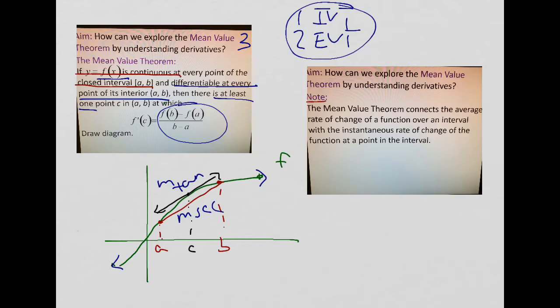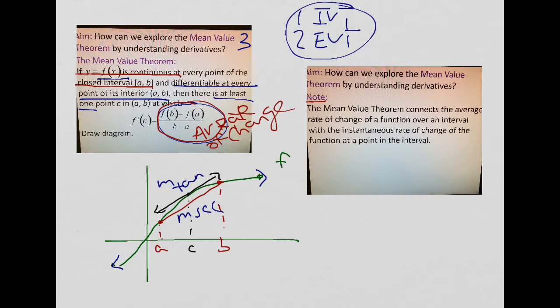MVT connects the average rate of change. If you remember when we went over average rate of change or average velocity, I always said it was the difference quotient, and that's this right here. It's the slope of your secant line.